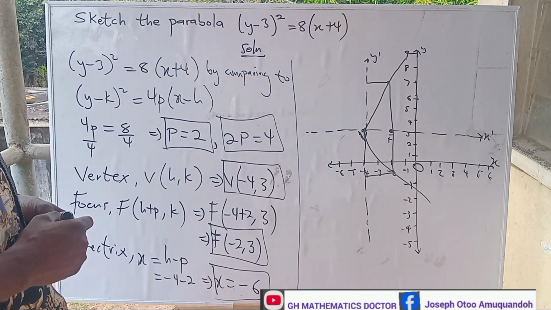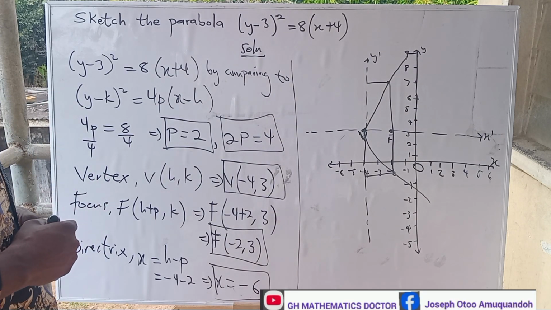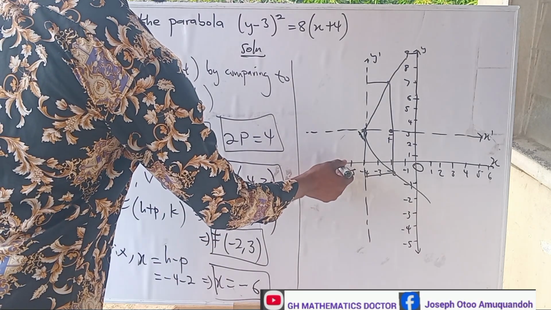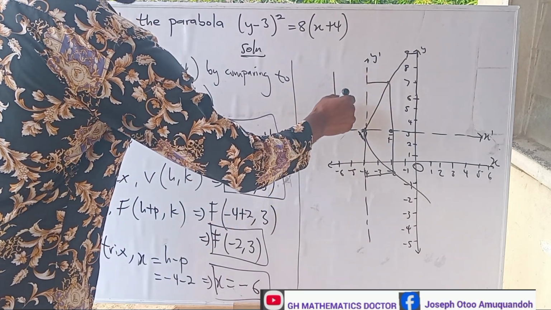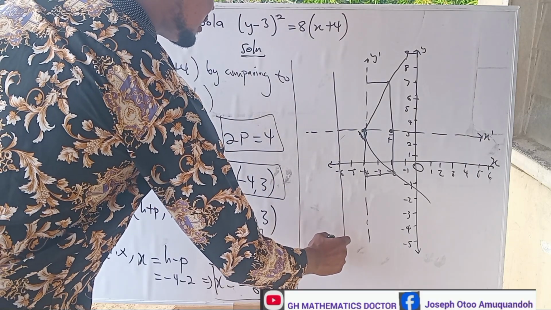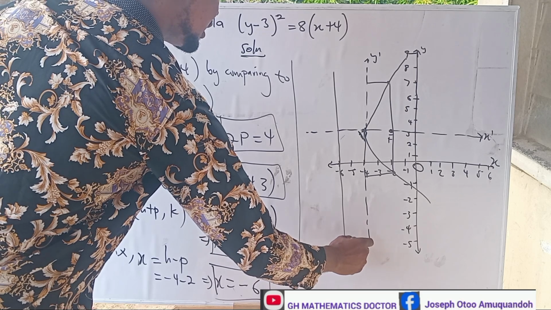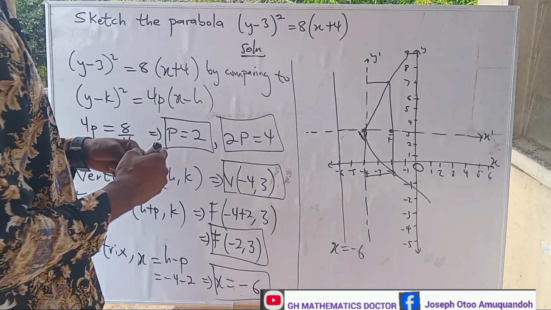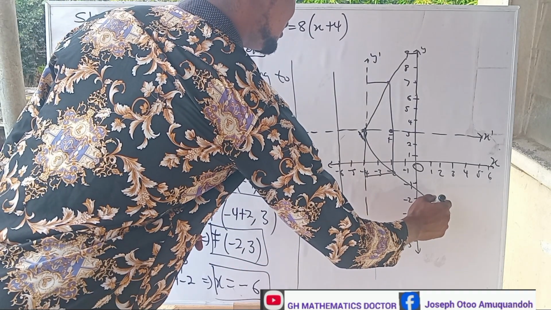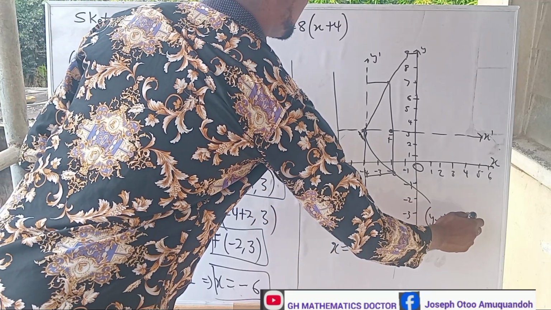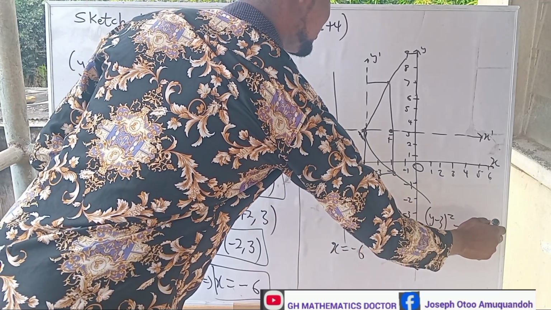And also we have the directrix, which is -6. So this is our -6, and I'm going to draw a straight line to pass through -6. The directrix is giving us the equation x equals -6. The equation that gave us the parabola is the question itself, so you're going to write it beside it. That is (y minus 3) squared equals 8(x plus 4).